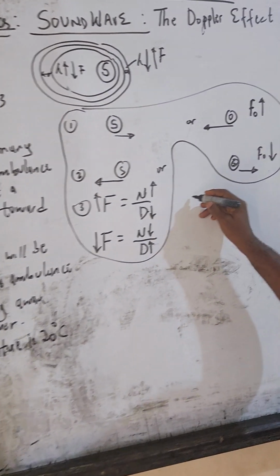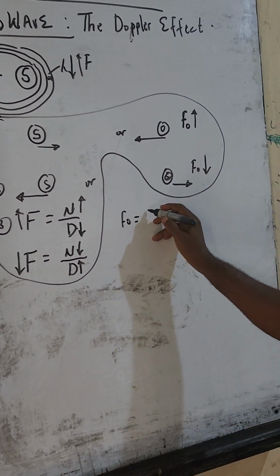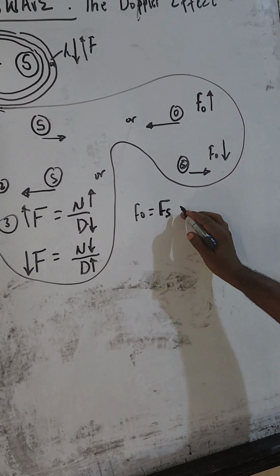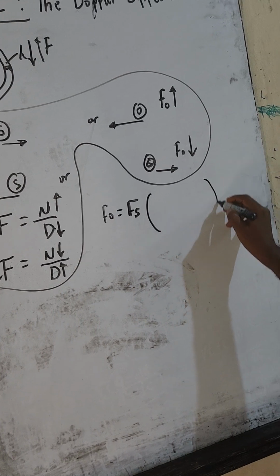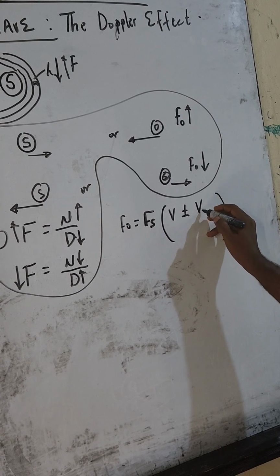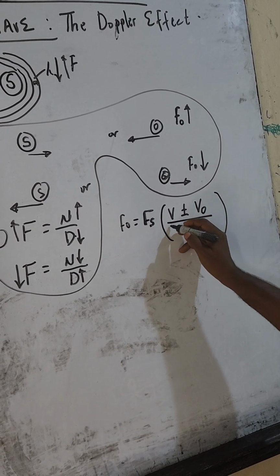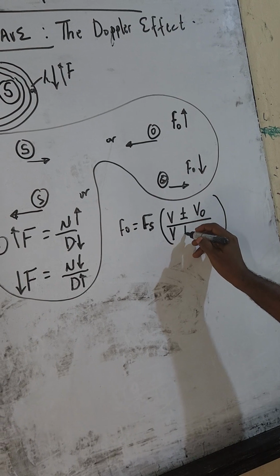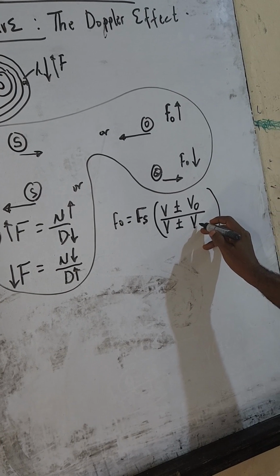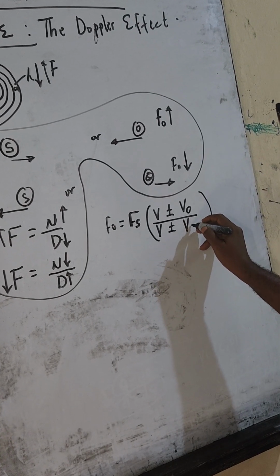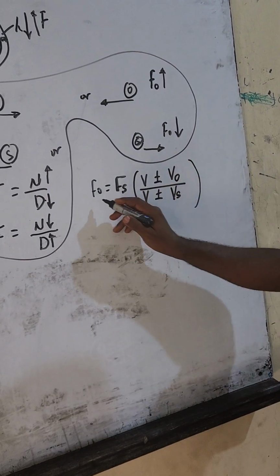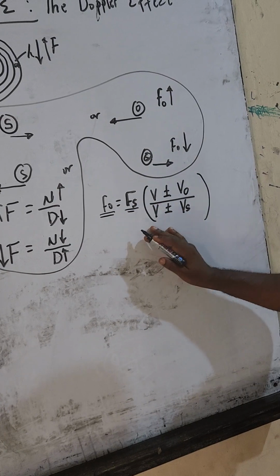The frequency of the observer is given as the frequency of the source times the velocity of sound plus or minus the velocity of the observer, divided by the velocity of the sound wave plus or minus the velocity of the source.